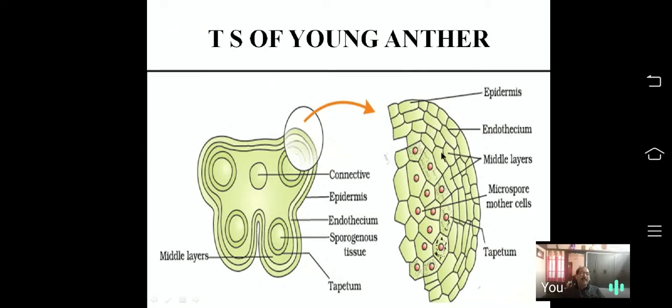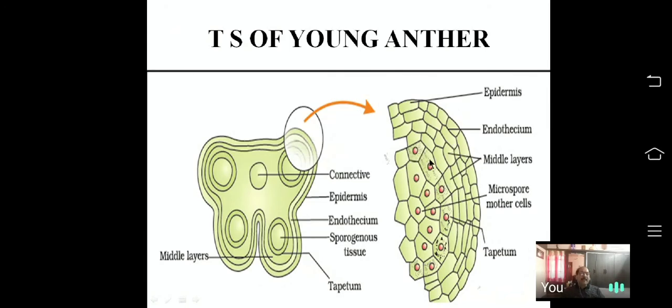Next, there are middle layers. All three layers, epidermis, endothecium and middle layers, give protection to the anther, and when the anther becomes mature, these layers break open and release pollen grains into the air.